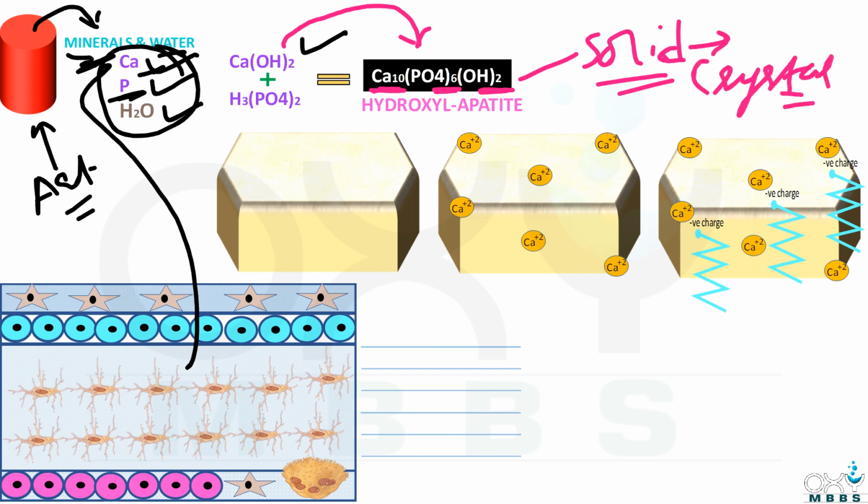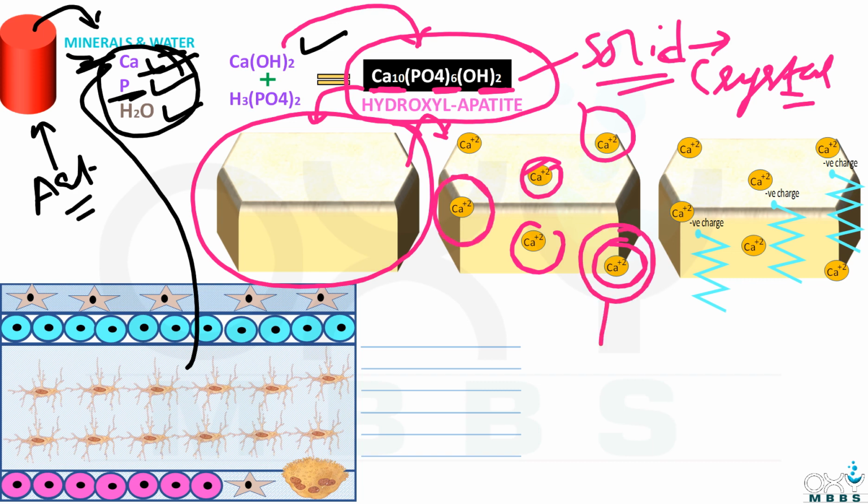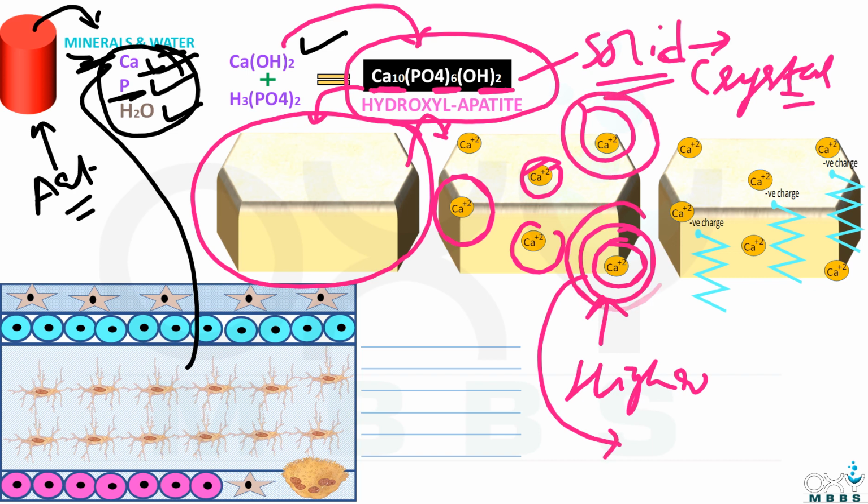And if we talk about the structure of the hydroxyapatite, then it looks like this. And within this structure, calcium ions are arranged like this. These are calcium ions. And as you know, calcium is highly reactive, and because of this, it may react with other molecules if it is not kept at this position forcefully.